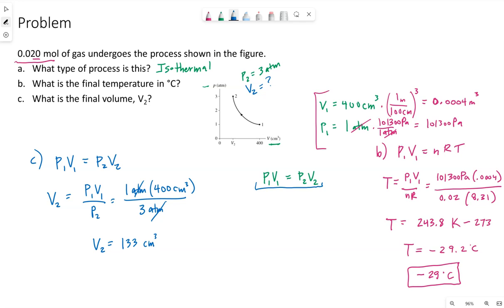We're getting 133 centimeters cubed. But again, if we go back to the fact that we only have 2 sig figs, we would want to say approximately 130 cubic centimeters. And so that is our final volume.